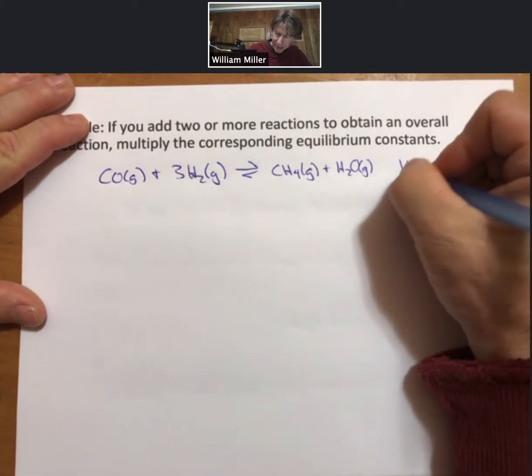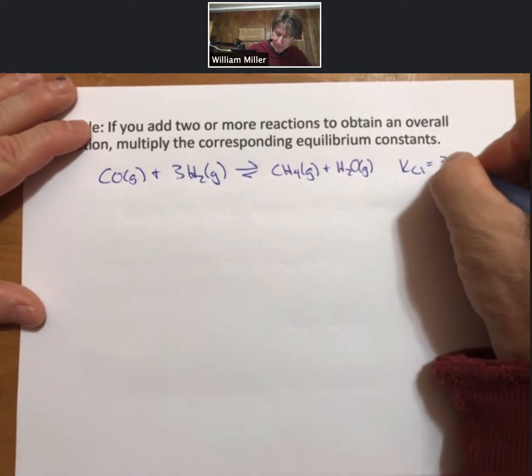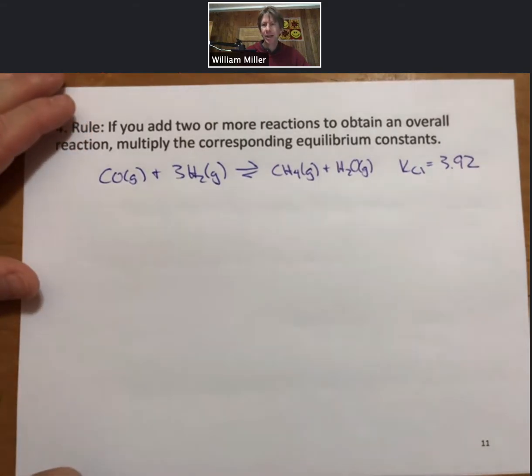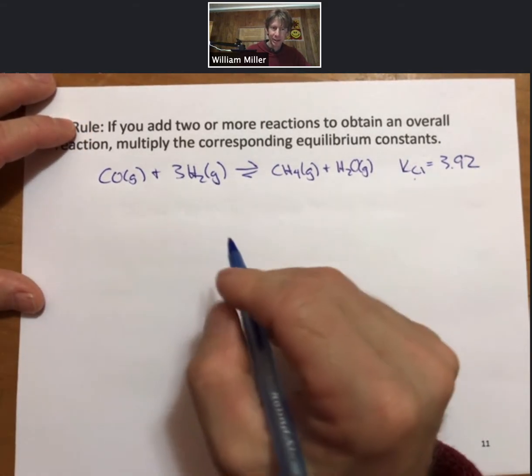And we have a Kc, or what we'll call Kc1, an equilibrium constant of 3.92, and I would have to give you this value.